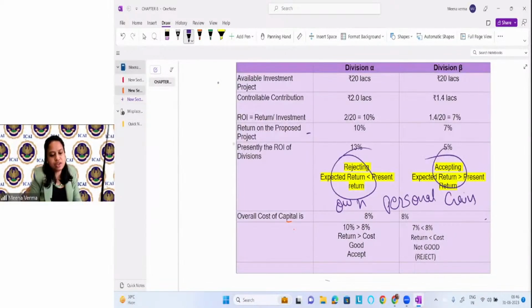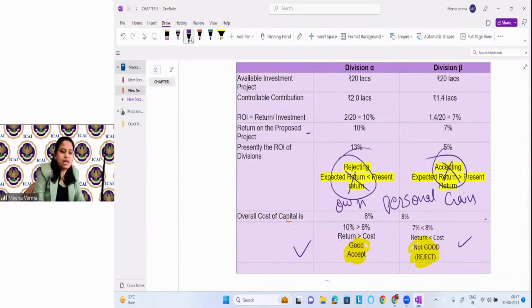So instead of taking these decisions, the company should take this decision. Instead of rejecting this, the company should accept this proposal because return is more than cost. And instead of accepting the other proposal, the company should reject it, because the return is less than cost.